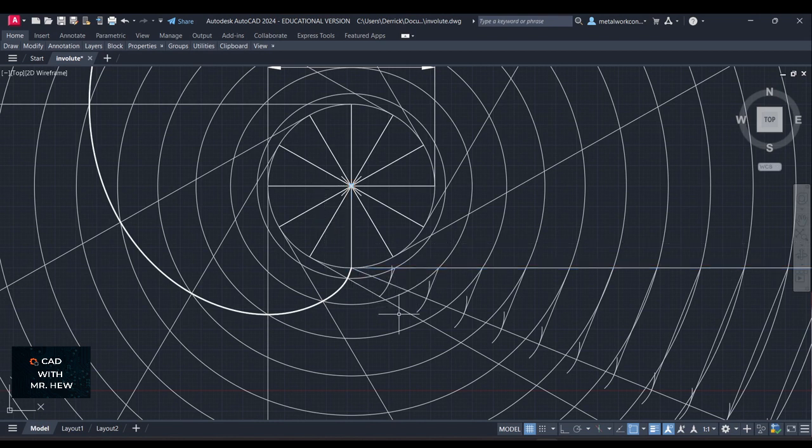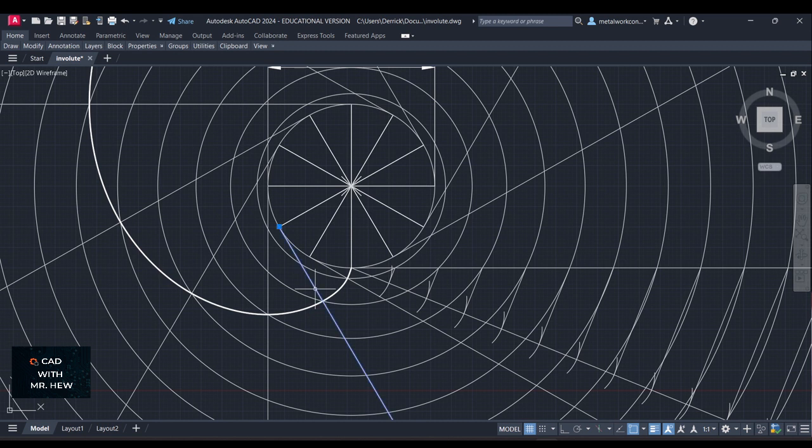The next point would be where this circle intersects this line. All right, good. The next point would be where this circle intersects this line, to give you this intersection right here.